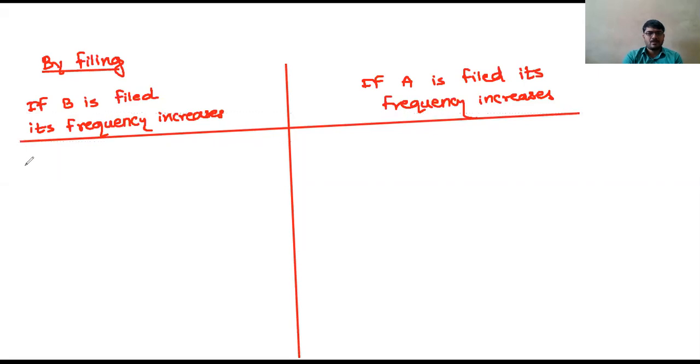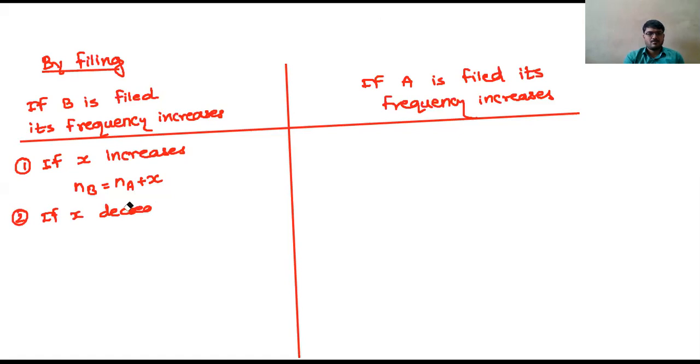First case, if X increases, then NB is equal to NA plus X. Second one, if X decreases, then NB is equal to NA minus X.